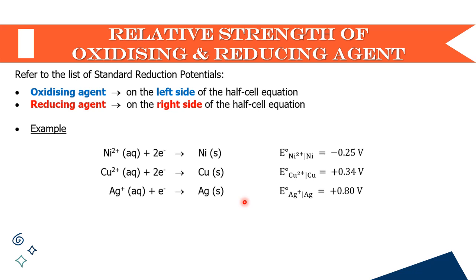Please bear in mind, from the SRP table, the equations that we will have are reduction processes. When you have a reduction process, the oxidizing agent is on the left hand side. Since this is a reduction process, the species that undergo reduction are nickel 2 plus, copper 2 plus, and silver plus ion, Ag plus ion.